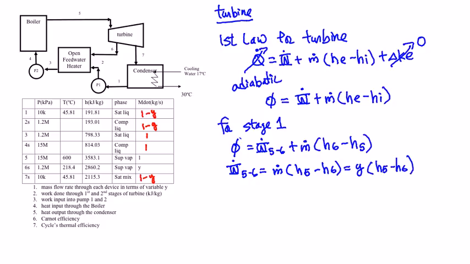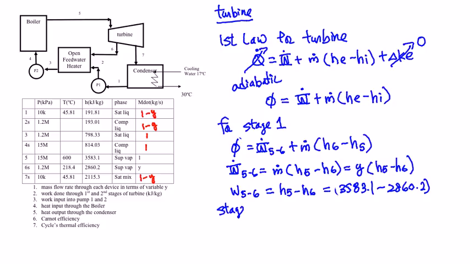Easier yet, if I look at the intensive property, that's going to be like that, and you can plug in the numbers yourselves. So I'm going to leave you to punch in the calculator. It's going to be 3583.1 minus 2860.2.